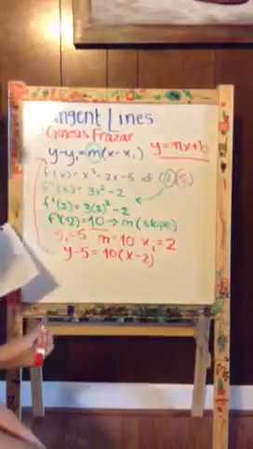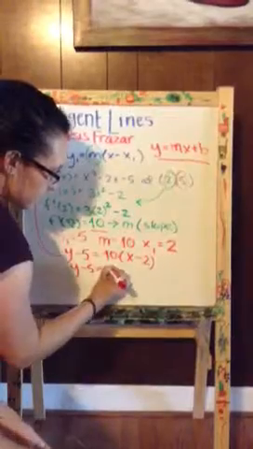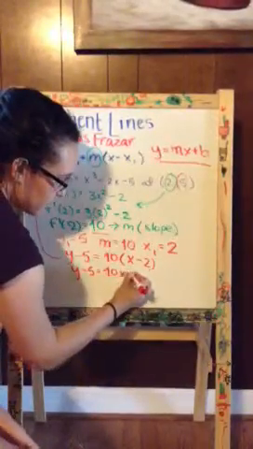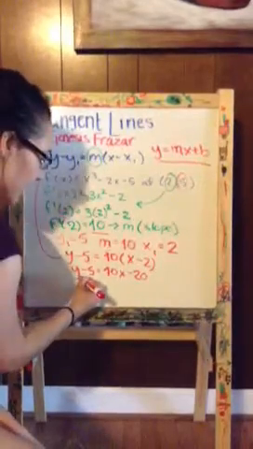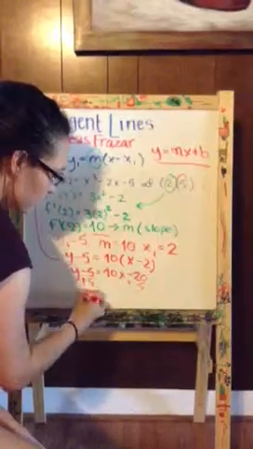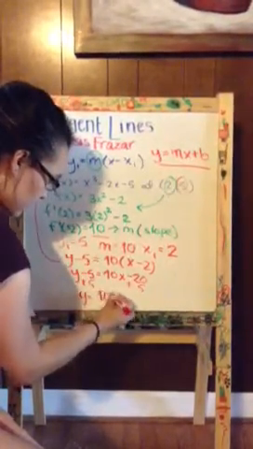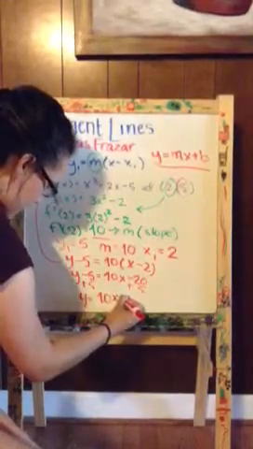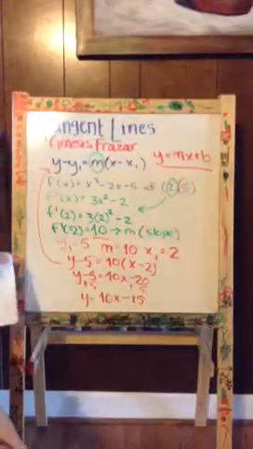That is what we're trying to find. So y minus 5 equals 10x minus 20, where we distribute the 10, and then we add 5 on both sides. Y equals 10x minus 15. And that is your answer.